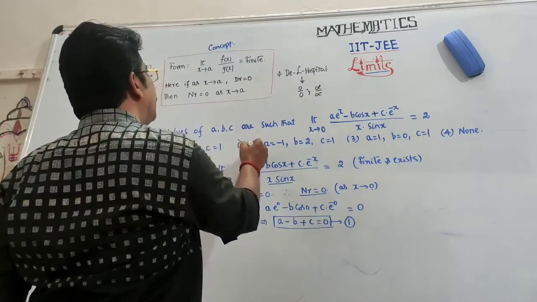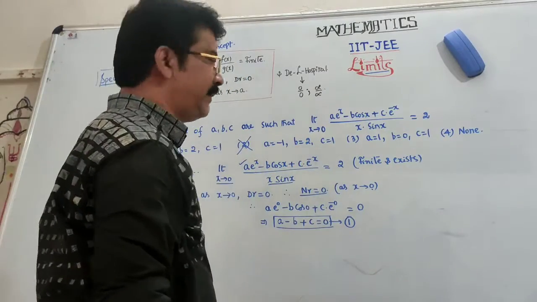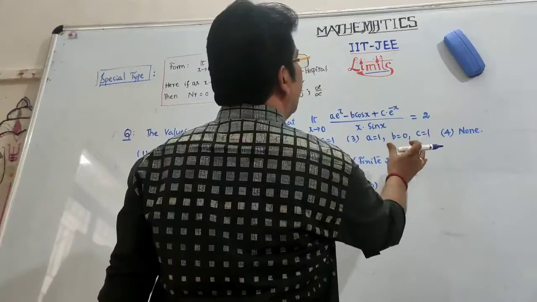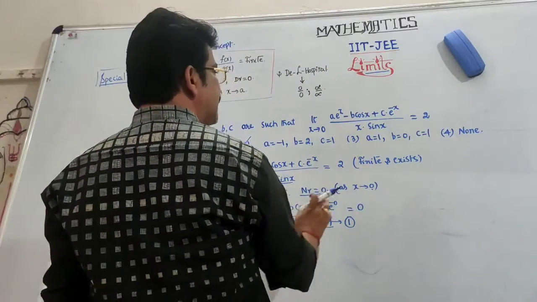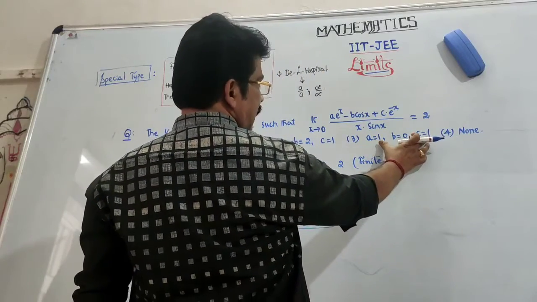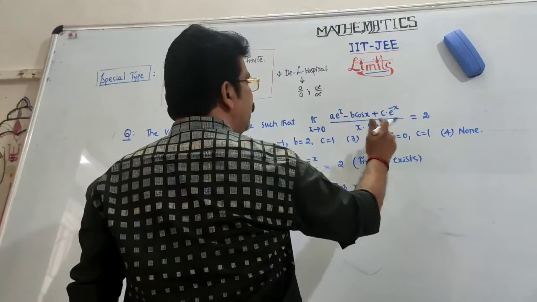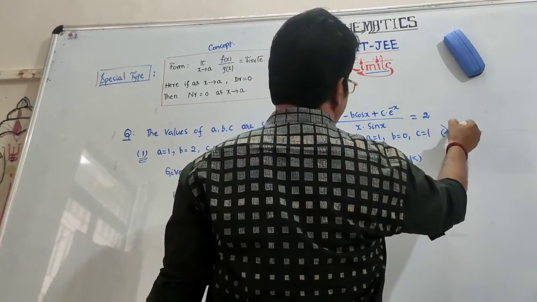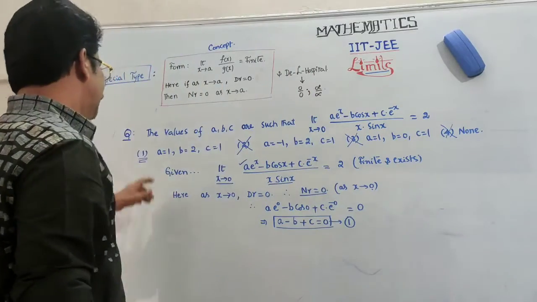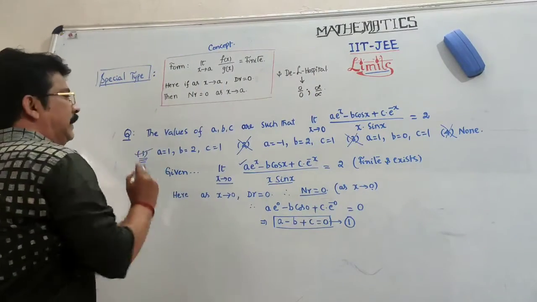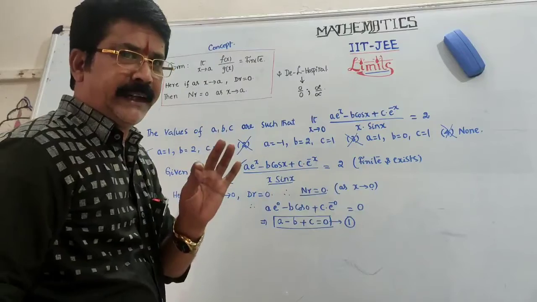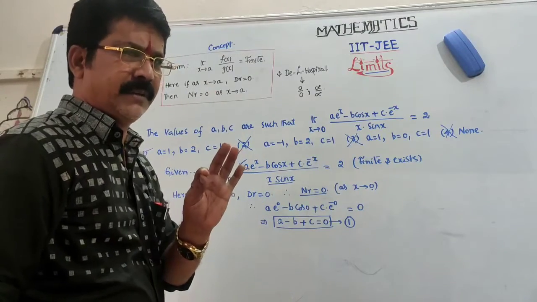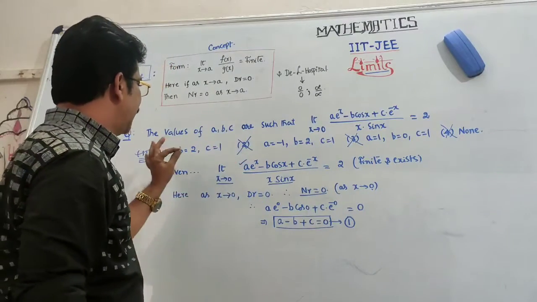No, this option is not satisfied by that equation. Next, third option, a plus c equal to b. No, this option is not satisfied. None, it is wrong. So therefore, first option is right. So soon after getting only one equation, we can verify like that.